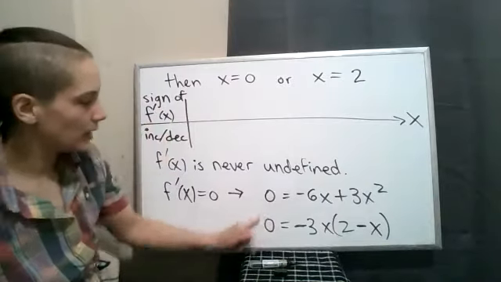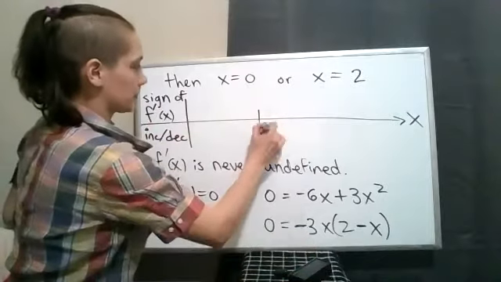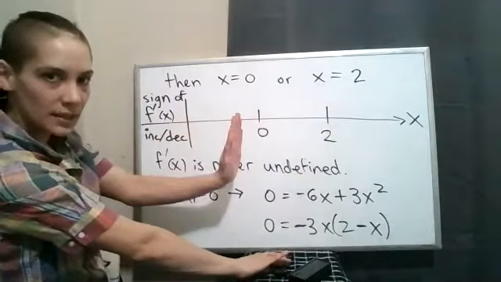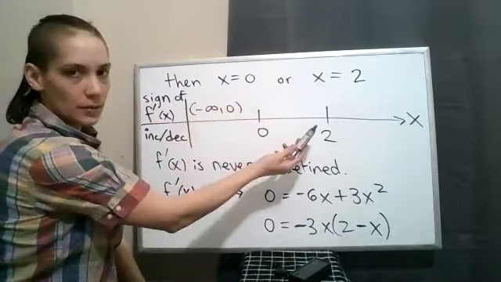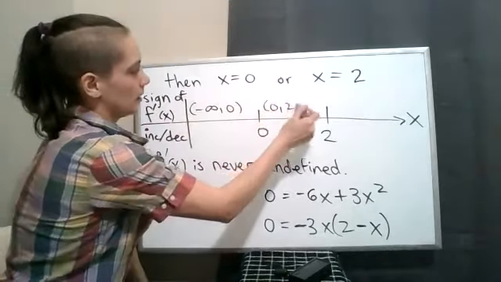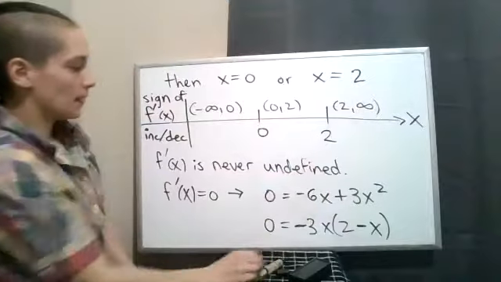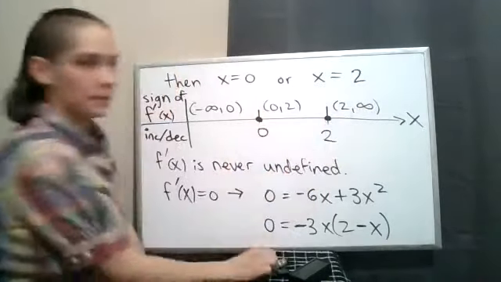Okay, so we're going to need 0 and 2. We test from negative infinity to 0, 0 to 2, and 2 to infinity.